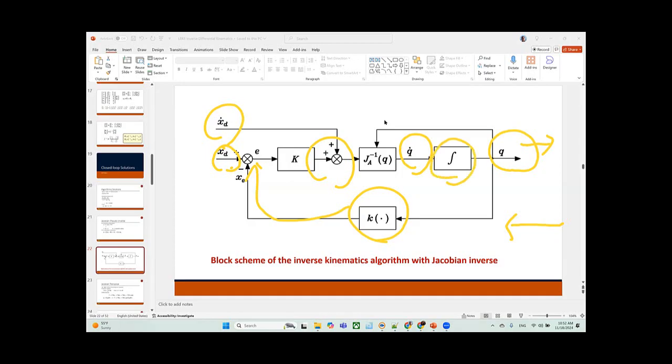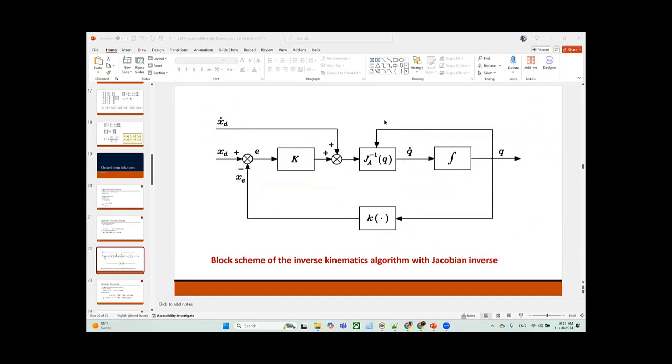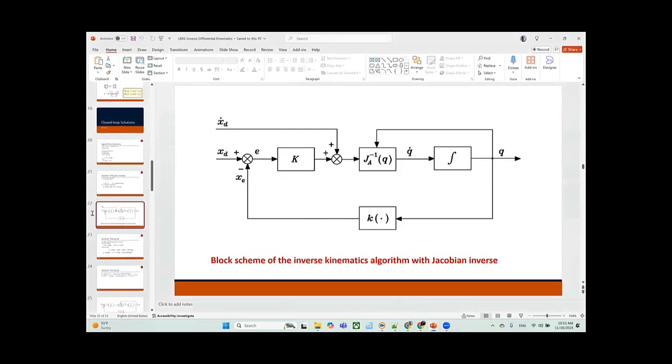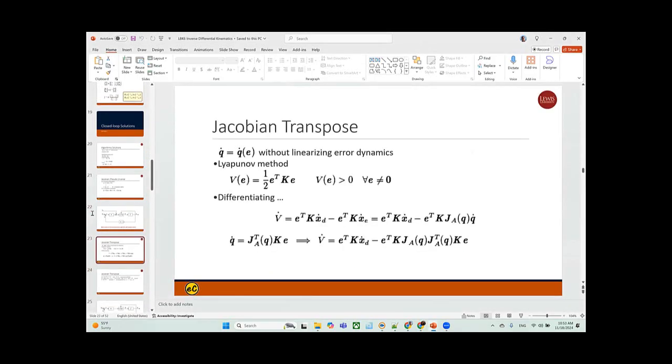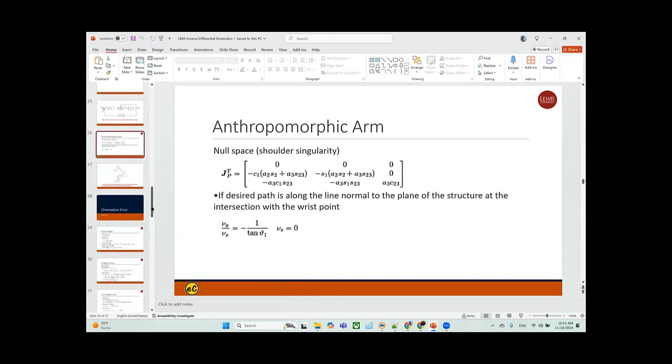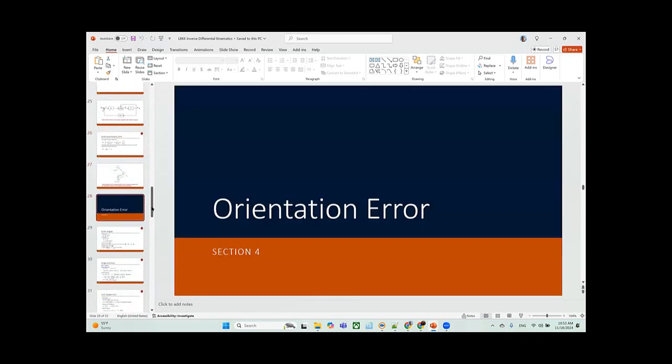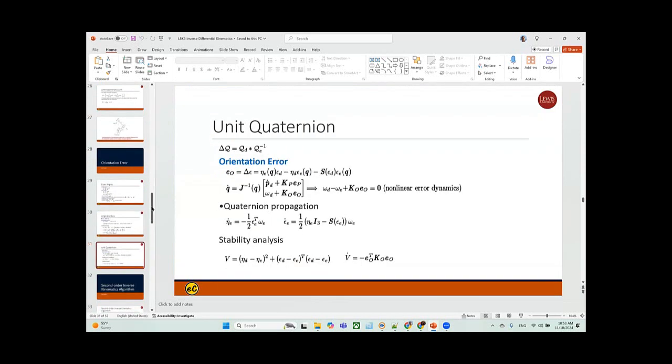And then you do an integral to control your variable. Okay, so this is the whole block diagram for your electronics design when you use a Jacobian to design a path finder. Okay, anyway, and the detailed Jacobian transpose is right here. Okay, anyway, and there are tons of math over there.